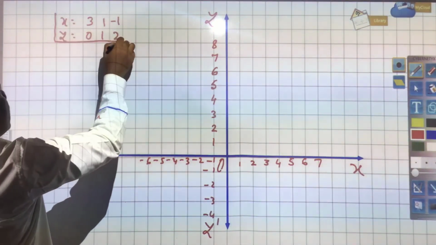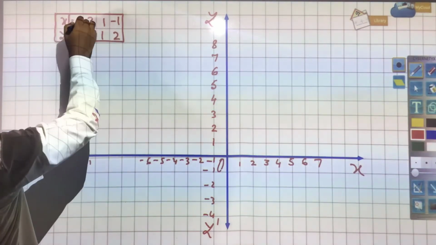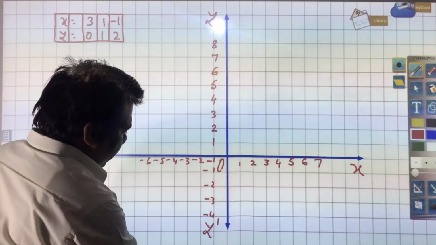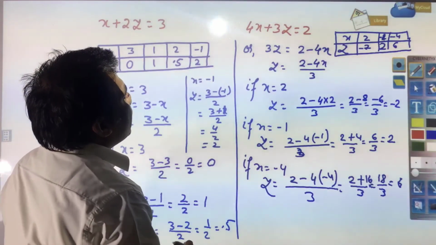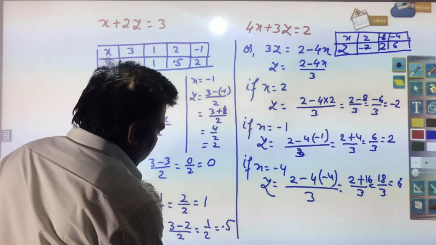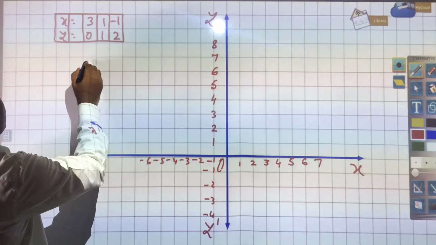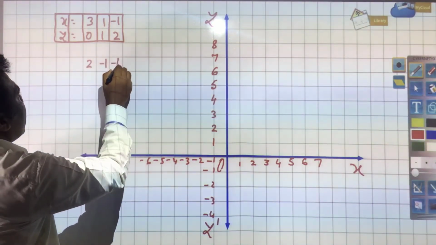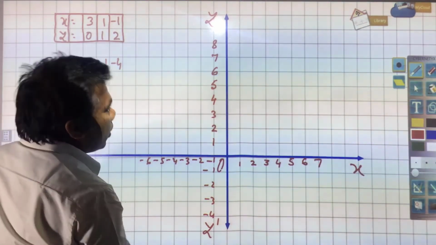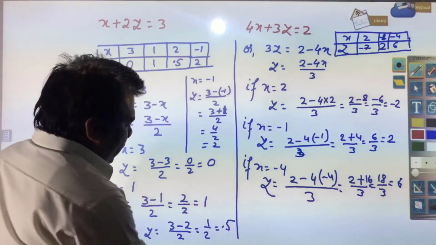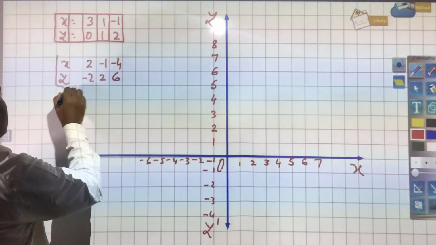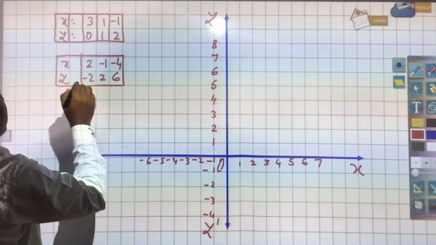The second table has x equal to 2, minus 1 and minus 4, and y equal to minus 2, 2 and 6. These two tables you have.